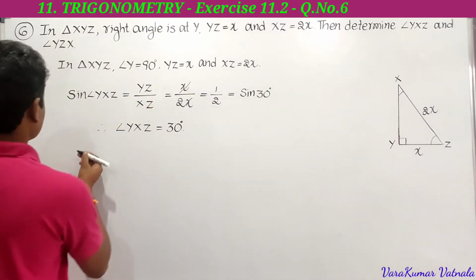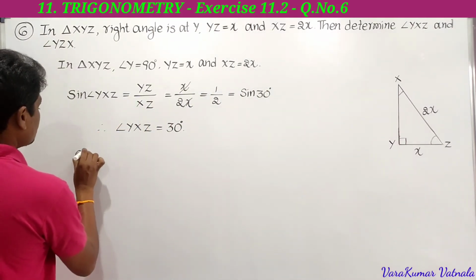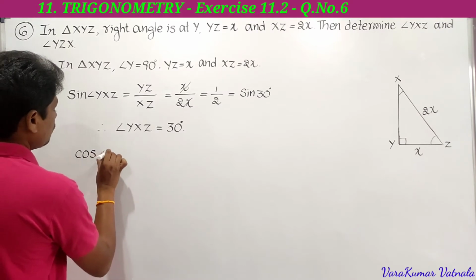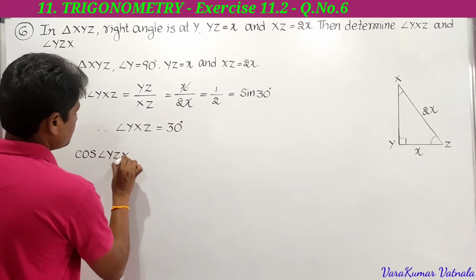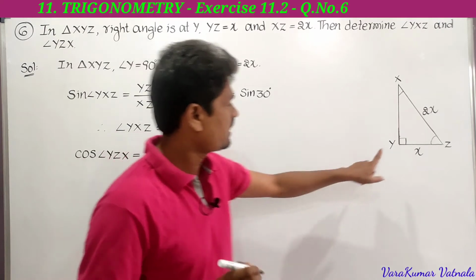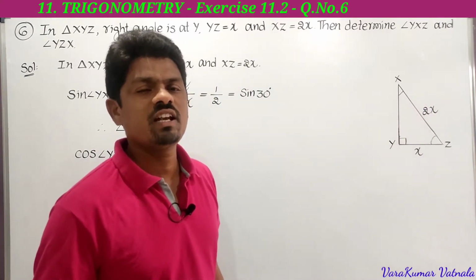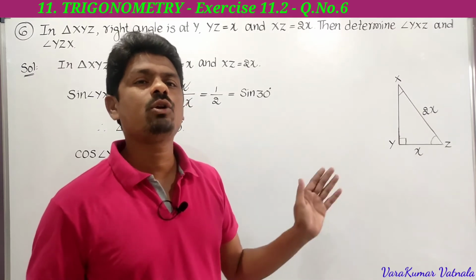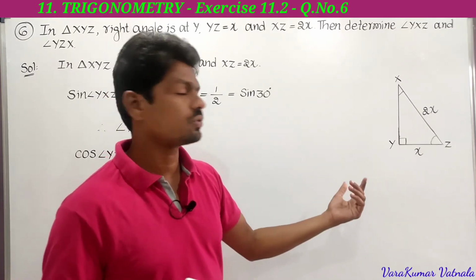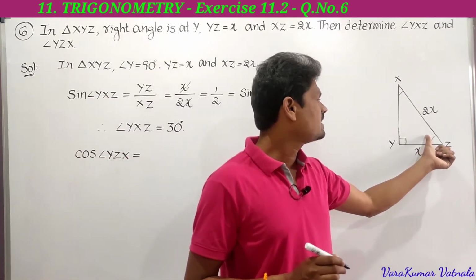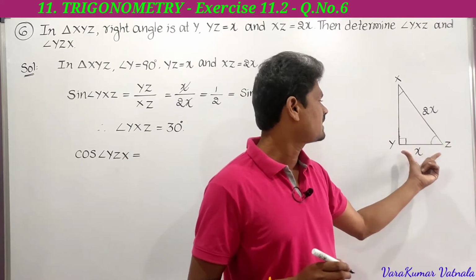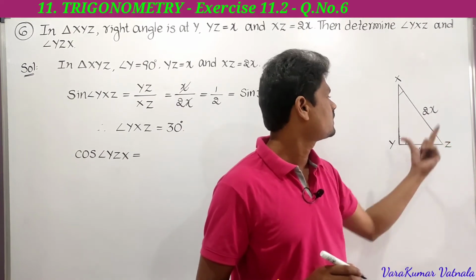So cos of angle YZX is equal to, we know cos theta equals the adjacent side to theta divided by the hypotenuse. Here the angle is Z, the adjacent side to angle Z is YZ, and the hypotenuse is XZ.